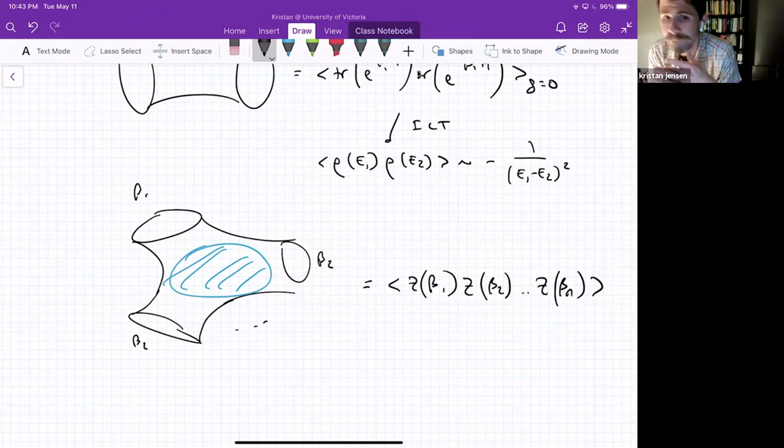The thing is that if you do stop there, if you don't consider higher topologies, at least in Euclidean signature, then you miss out on this connection with random matrix theory that persists to all orders in genus expansion.